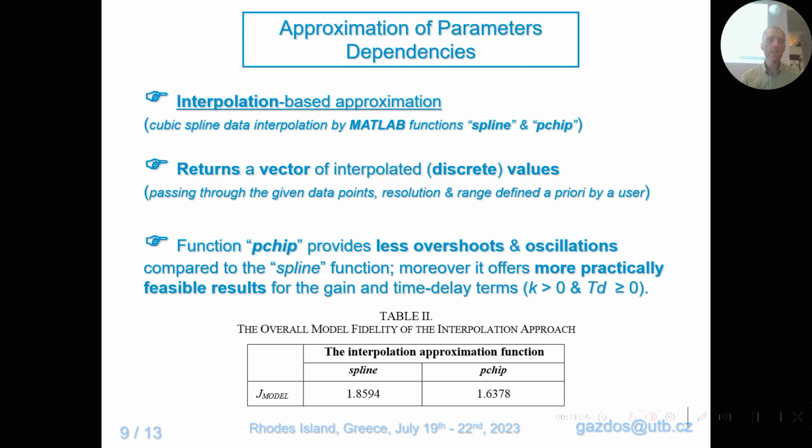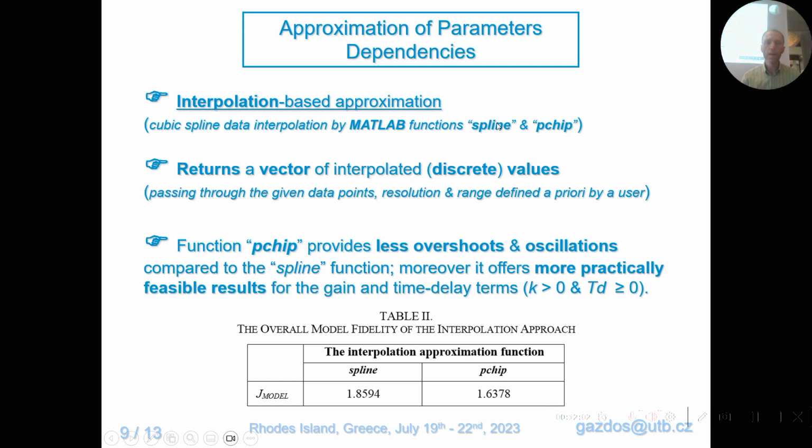In fact, they do the same, but in a slightly different way. They connect the points of the data. There is a difference in the connection and the derivatives that connect these points, and that's why some results are different for these functions.